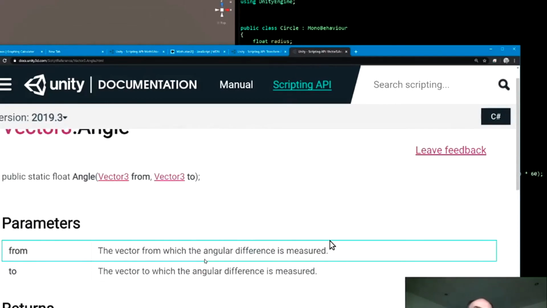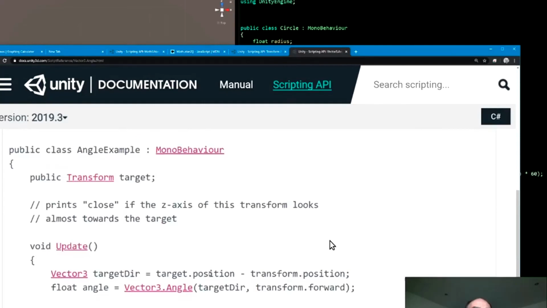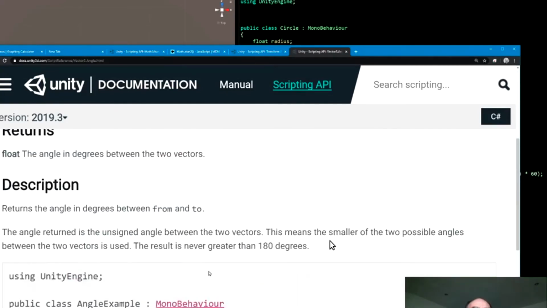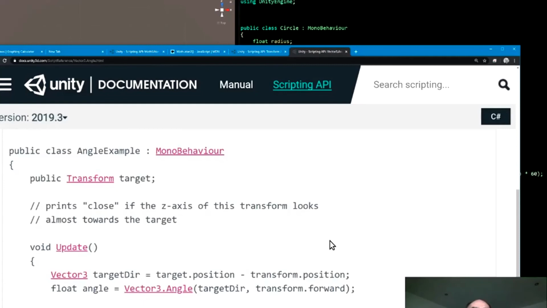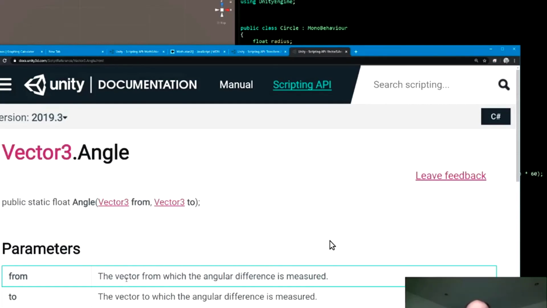Vector3 angle. It does the angle between two vectors. And as a result, it's going to always return the shortest of the two angles. I don't want that, do I? Is it ever going to be negative? The result is never greater than 180 degrees. But does that mean they are ever negative?